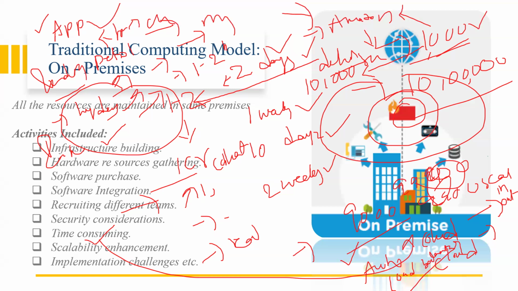Will you sleep happily? No, right? Somewhere you will get a little afraid whether he will give the $10,000 back, whether he will give the interest or not. Okay, so now you know that COVID changed the entire globe.